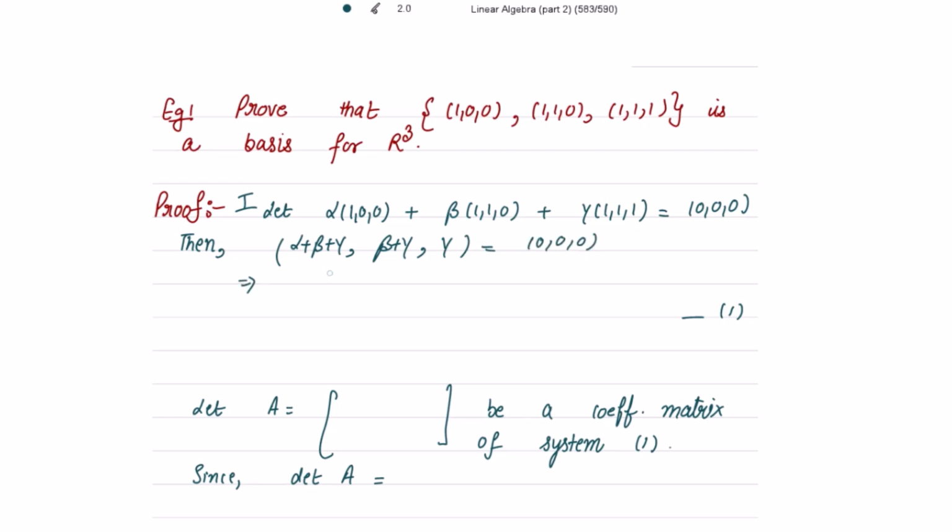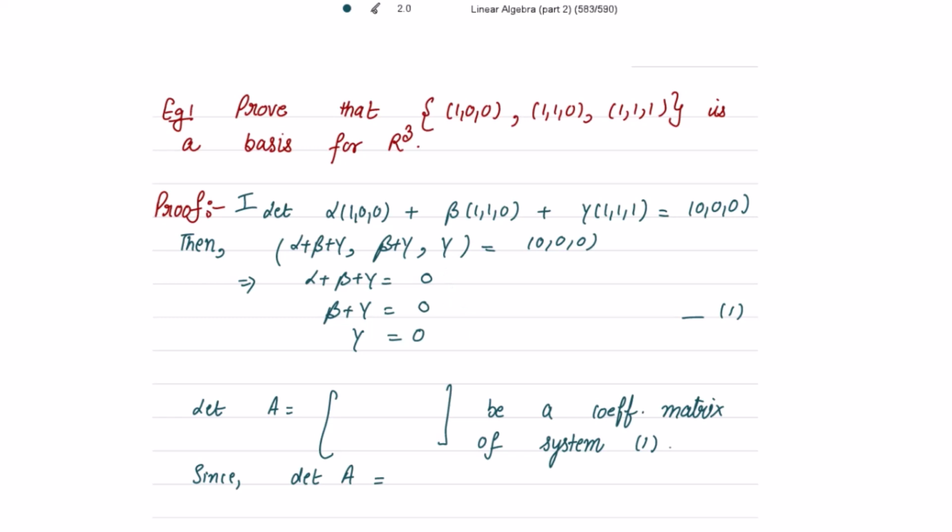From here I get the sum alpha plus beta plus gamma to be equal to 0, and the sum beta plus gamma is also 0, and here gamma is equal to 0. Now either you can solve alpha, beta, gamma separately by adjusting the equations and solving these 3, to get the values of alpha, beta, gamma.